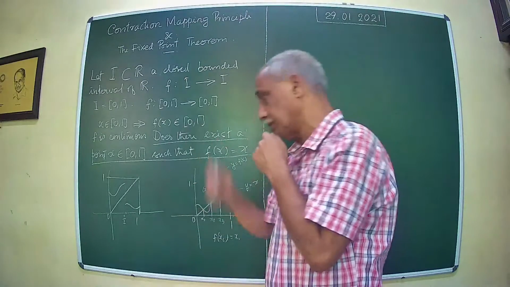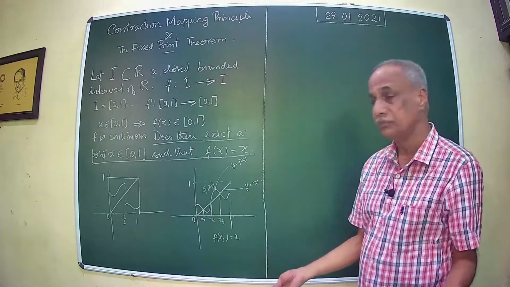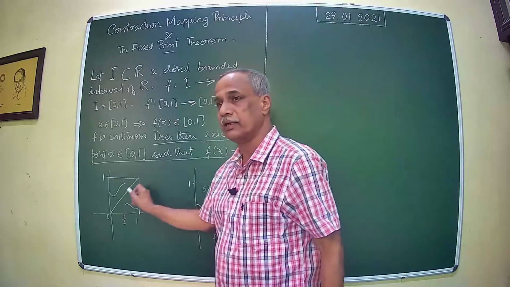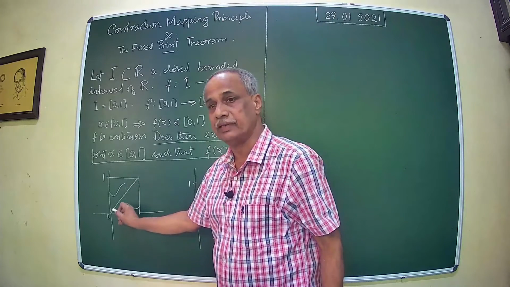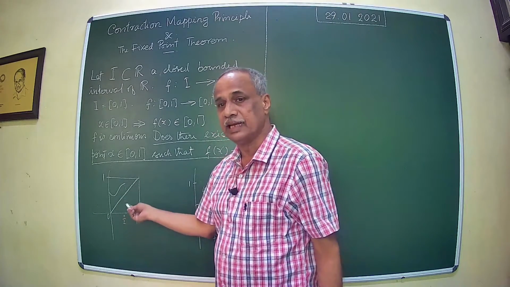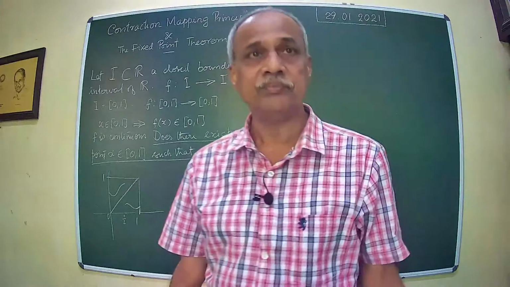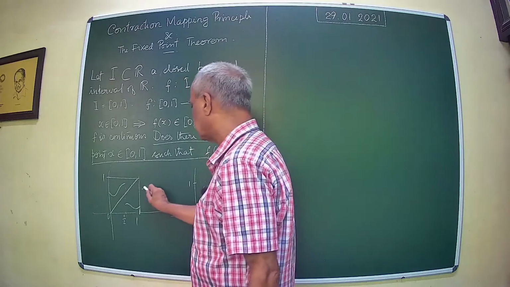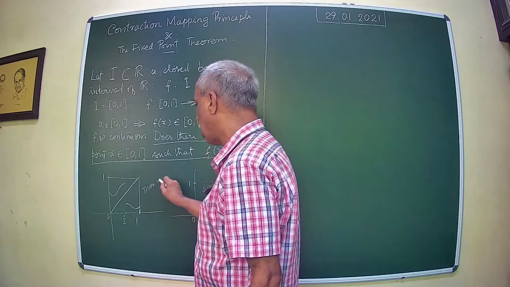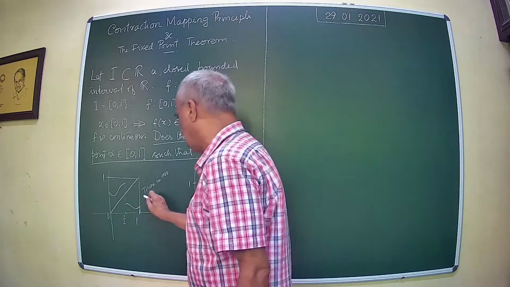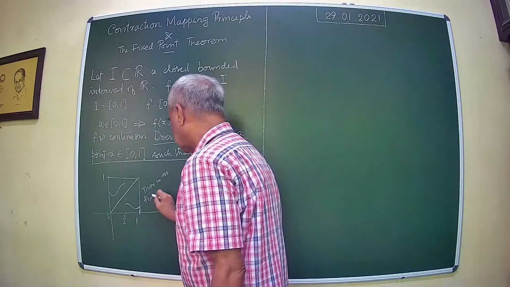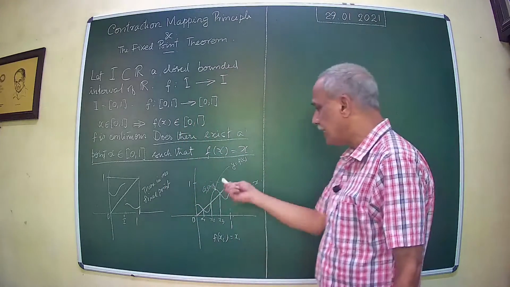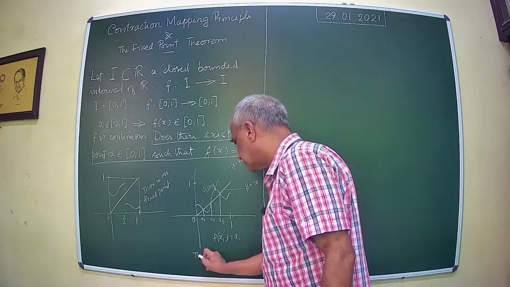Now what happens to this function? Does it have any fixed point? You see that the graph never crosses this particular line. If it crosses the line at a particular point, then it corresponds to a fixed point, and it doesn't happen. So in this case there is no fixed point, and in the other case there are fixed points.